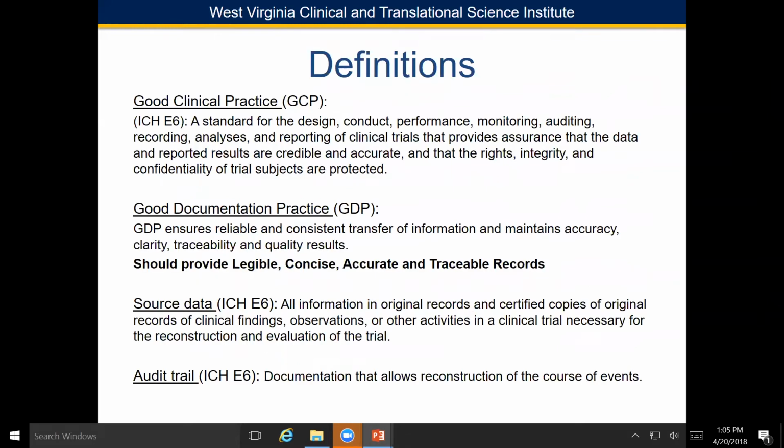So first, we'll go through some of the definitions. For those of you that might not be aware, the good clinical practices, and this is the definition from the ICH E6 document, it's a little bit more user-friendly.